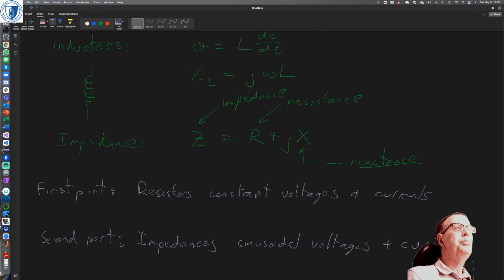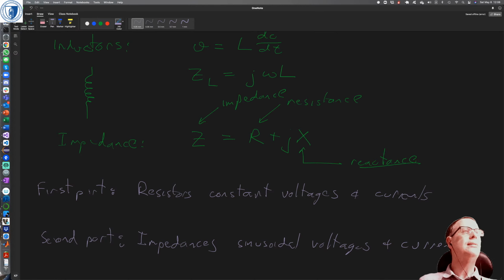Because the approach we took in the second part relies on steady state, because we've got the derivative relationships between voltages and currents in inductors and capacitors, there's an implied differential equation there. And so we can only do that second part if everything is in steady state.